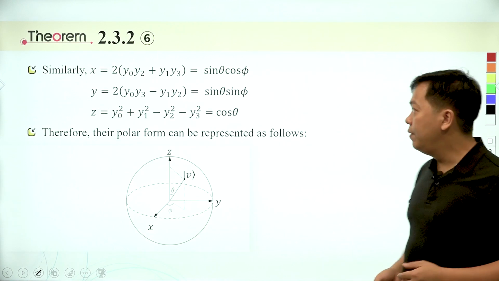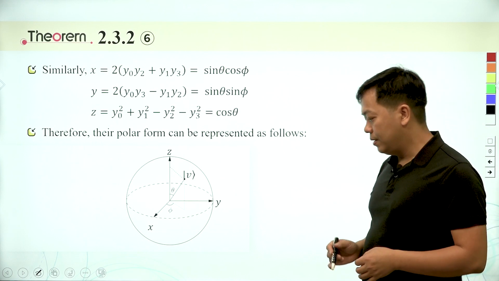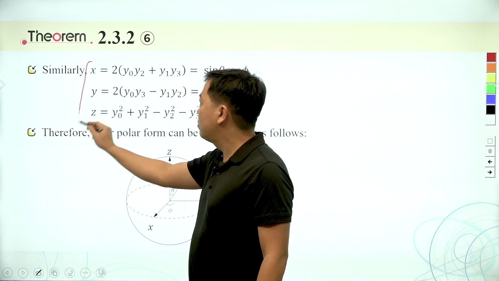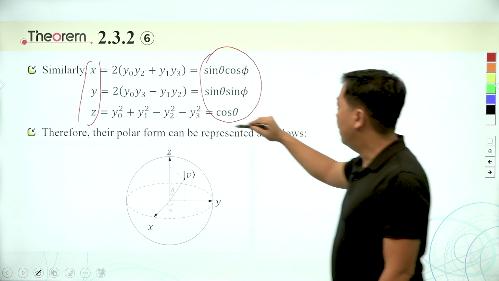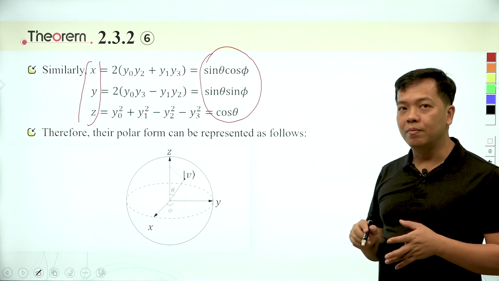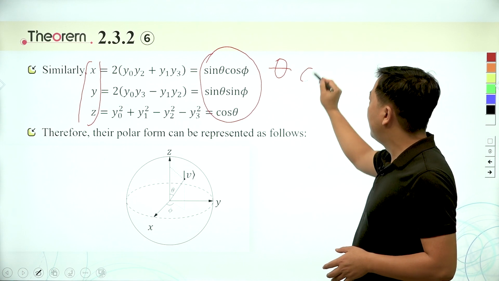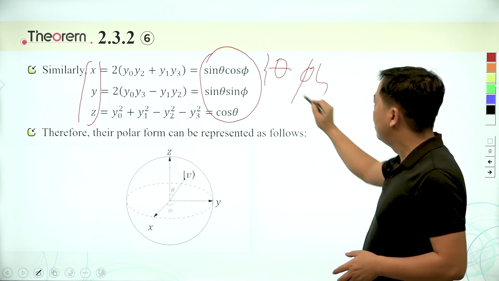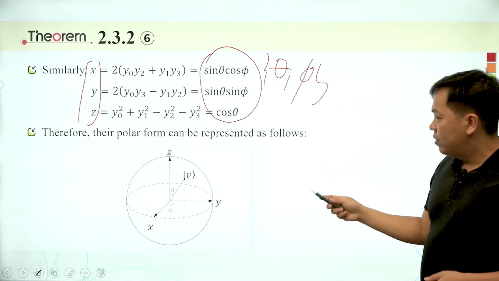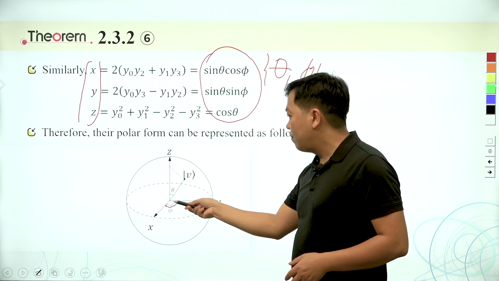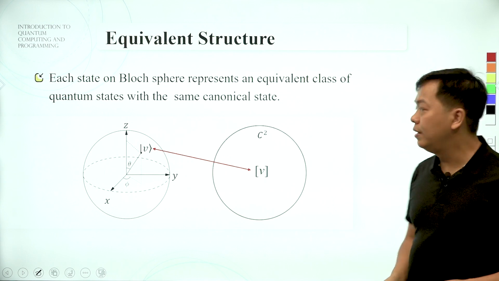The key point is that we have a vector in 3 dimensions, and we transfer it to the quantum vector, which depends only on the two values theta and phi, and the polar form can represent it. We learned this in the previous lesson, so I want to skip over it quickly.